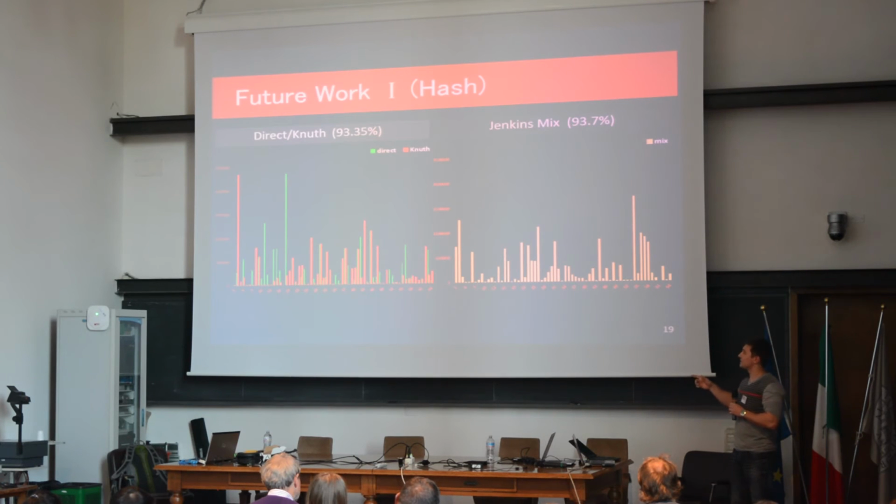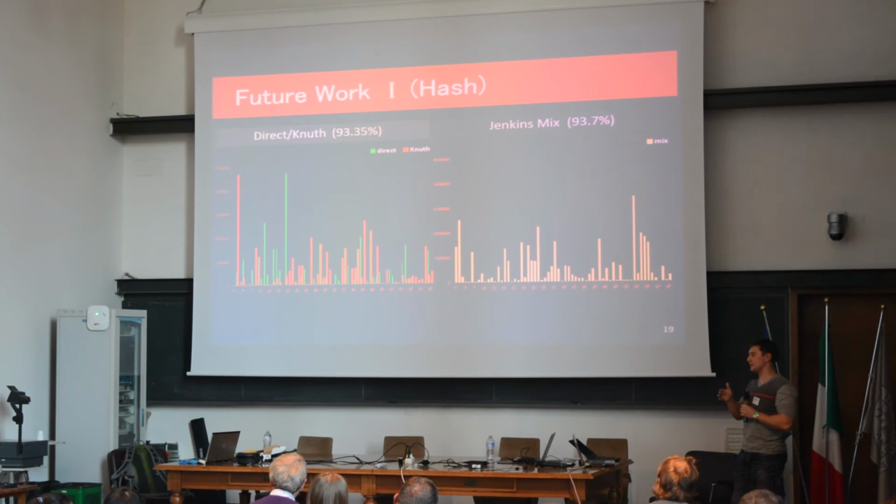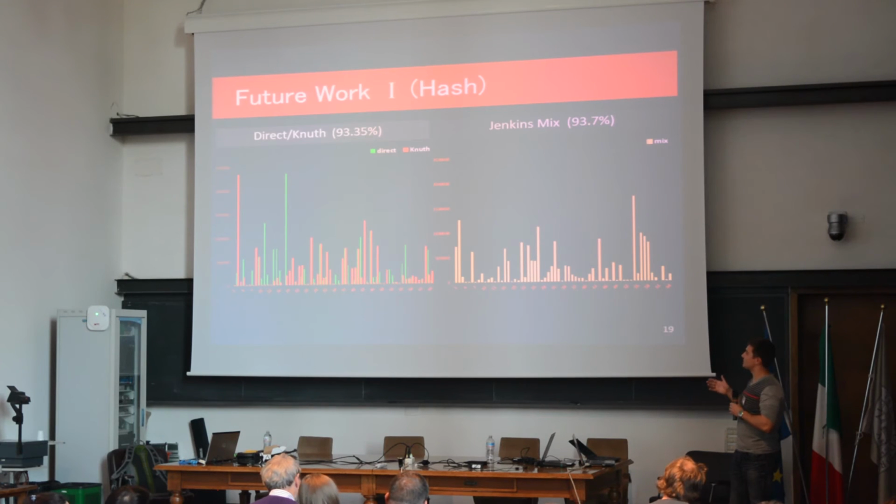Another one is hashed, with the branch address hashed by the Knuth hash function. And to the right, you can see the Jenkins mix function, which, given that the other parts of the prediction unit are similar, just gives you a flat 0.3% increase. So this is maybe something worth checking out.